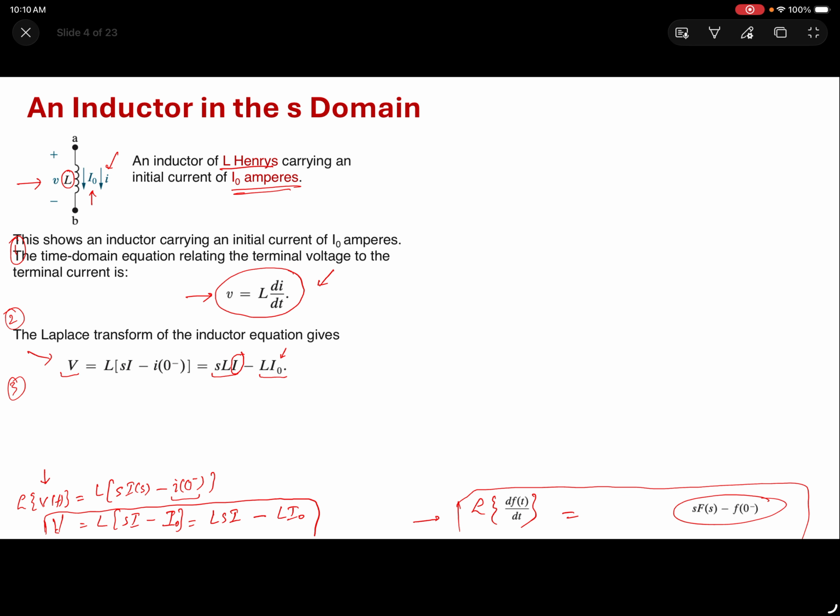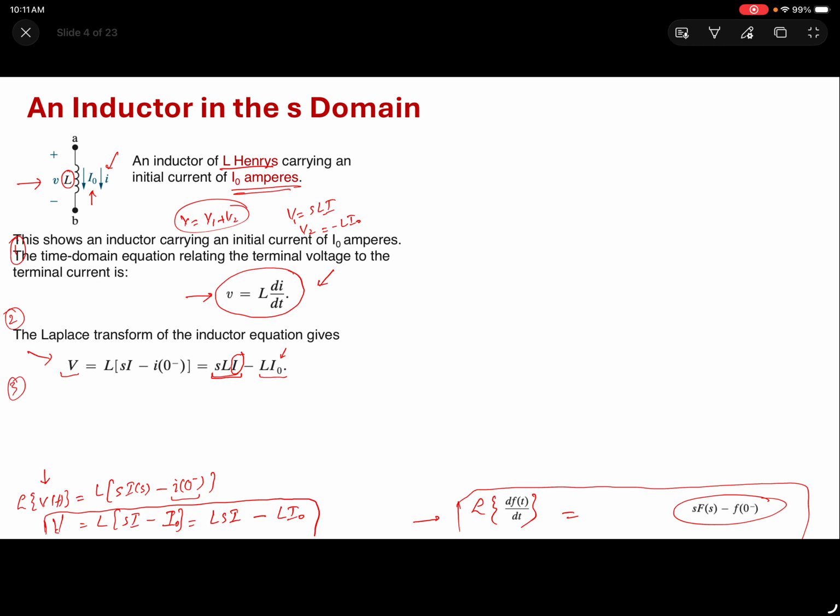I can write this as a combination of two things. The first is the VI relationship, kind of an Ohm's law, where V equals sL times I. Let's call it V1, and let's call V2 as minus L times I naught. Your V over here is the summation of the two.